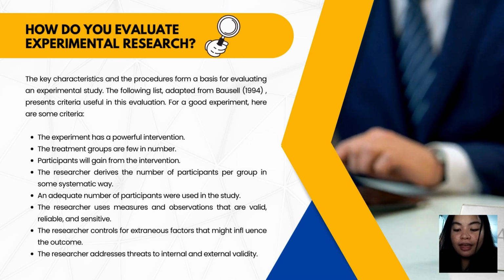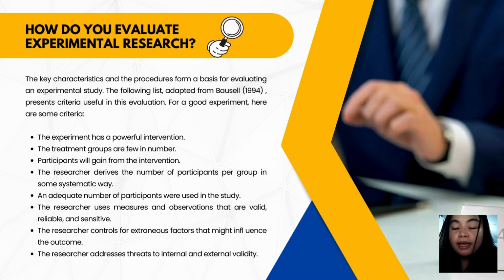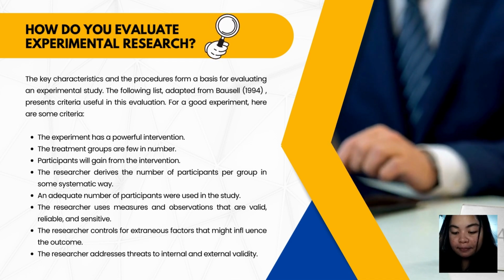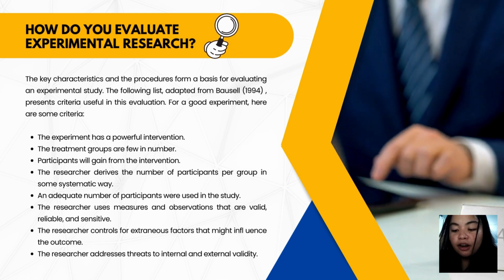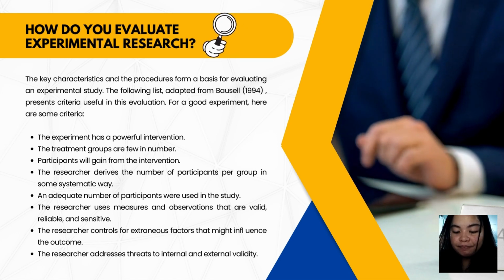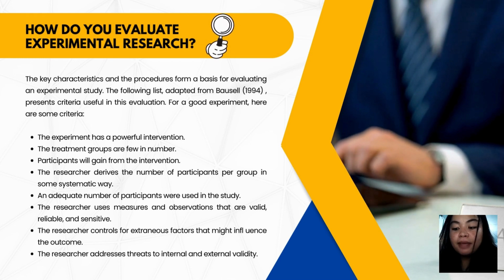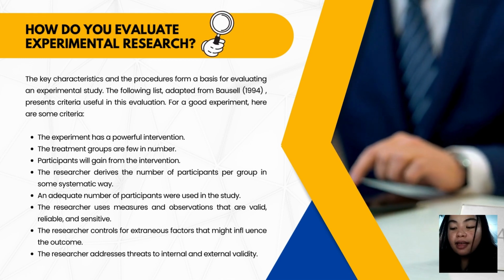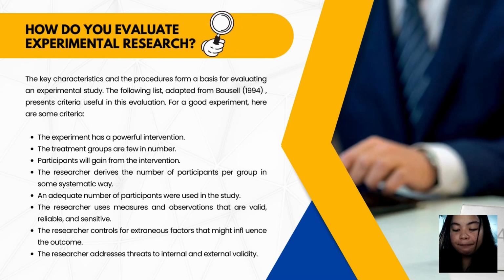The fourth, the researcher derives the number of participants per group in some systematic way. Fifth, an adequate number of participants were used in the study. Sixth, the researcher uses measures and observations that are valid, reliable, and sensitive.